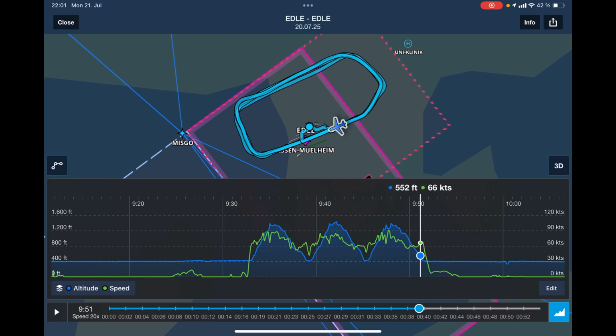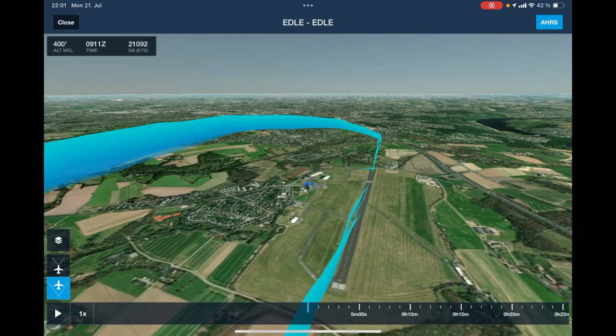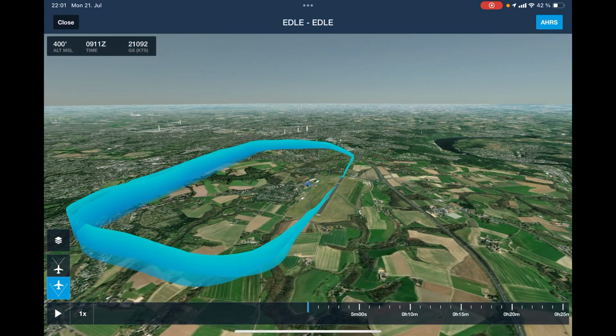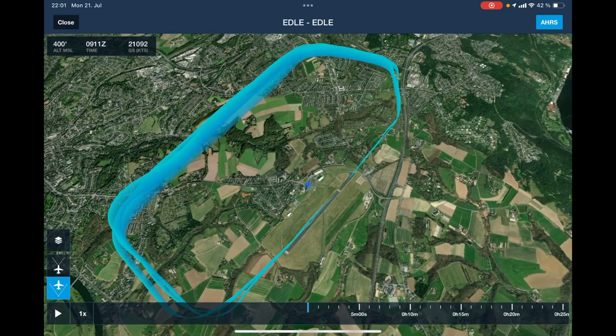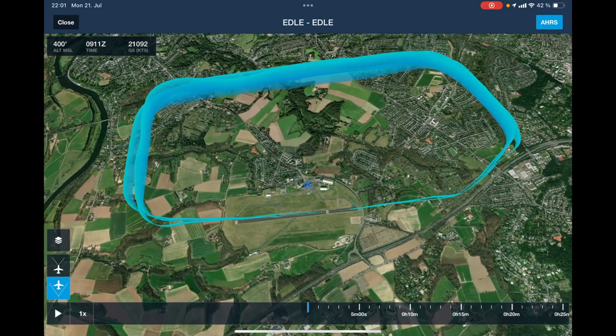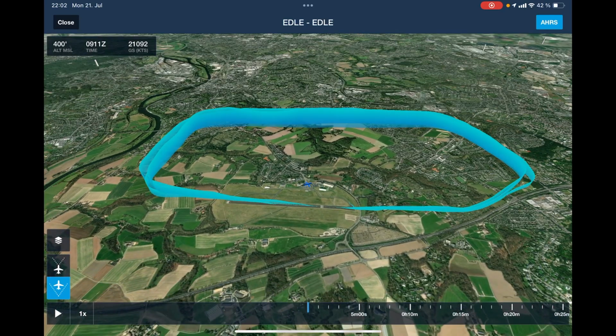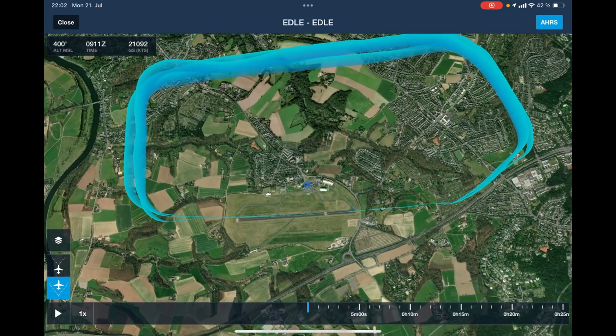One of the features I've been exploring on this app is this 3D view, and as you could see, it overlays the flown leg, which I believe is extremely valuable.